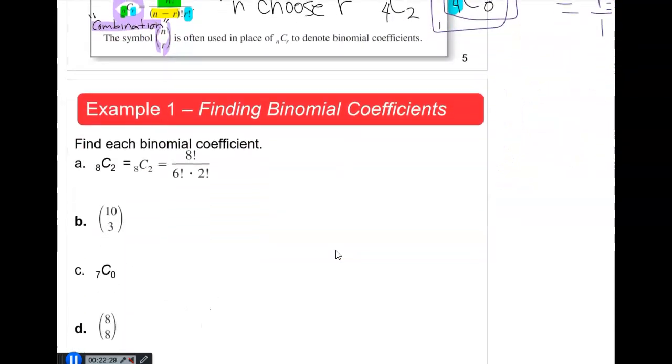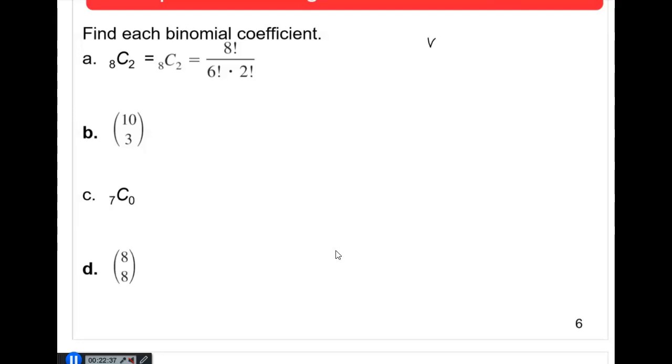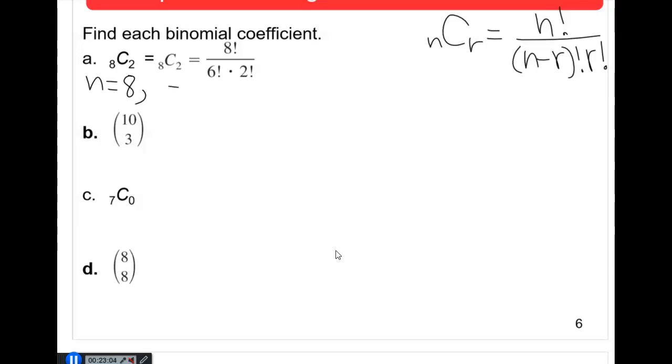So let's get to other examples here. We're going to be using the same formula, so I'm just going to write it here. We use the big number first as n, then C, then r, which is the small or equal number to n. The formula is n factorial divided by n minus r in parentheses factorial times r factorial. For the very first one, we already have the substitution. You can see here that n is equal to 8 and r is equal to 2.